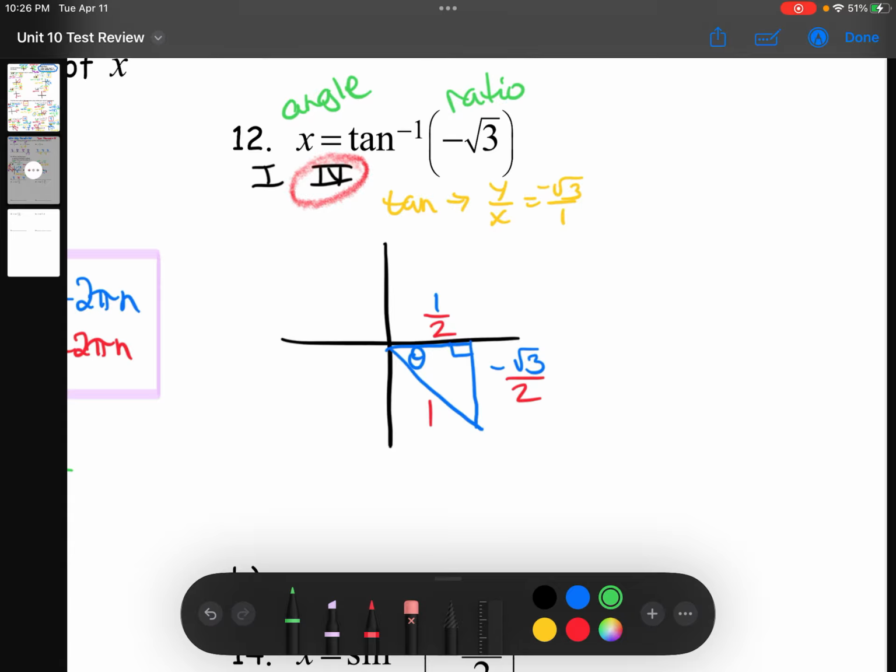So that reference angle, across from a negative square root 3 over 2, reference angle is 60 degrees, which is pi over 3. So in quadrant 4, we use the negative angles, so we refer to this angle as negative pi over 3. That is its principal value.